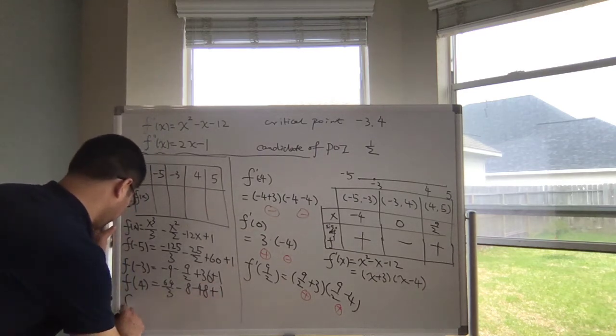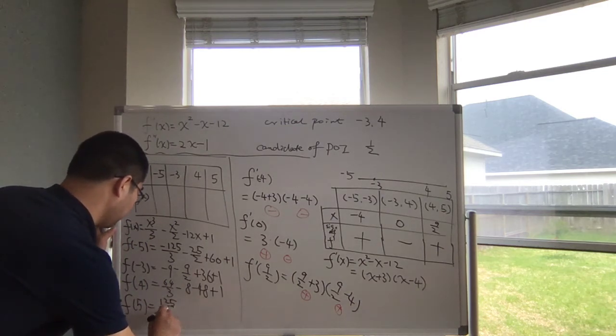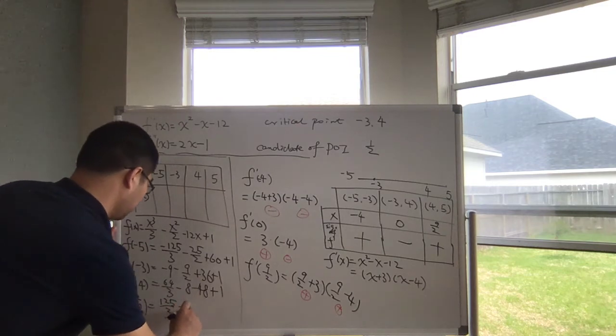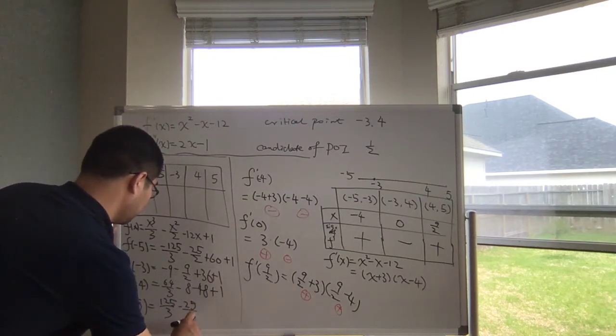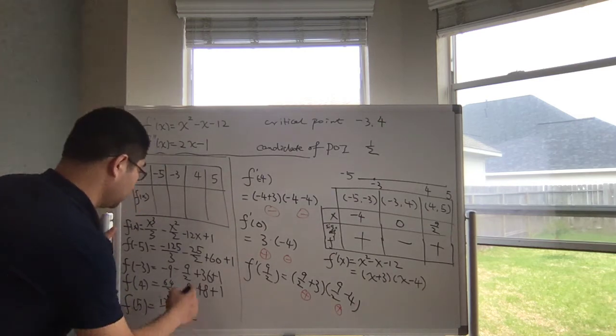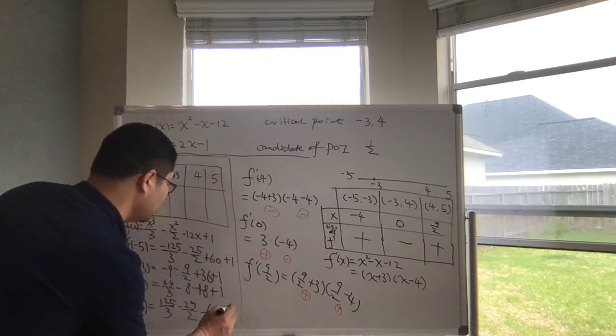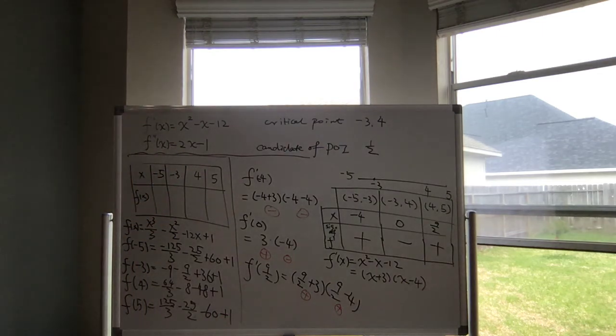And then f of 5, which is 125 over 3 minus 25 over 2, and then minus 60 plus 1.